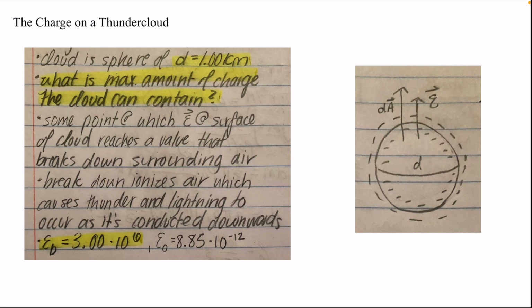Also notably, when you're using Gauss's law, you want to use the shape that makes the most sense. So here our shape is just going to be another sphere encasing our charge.